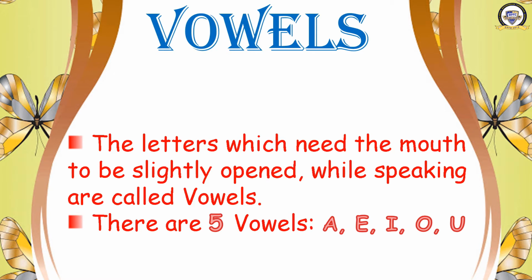You have understood? Okay. What are vowels? The letters which need the mouth to be slightly opened while speaking are called vowels. How many vowels are there? Five vowels. Which are they? A, E, I, O, U.